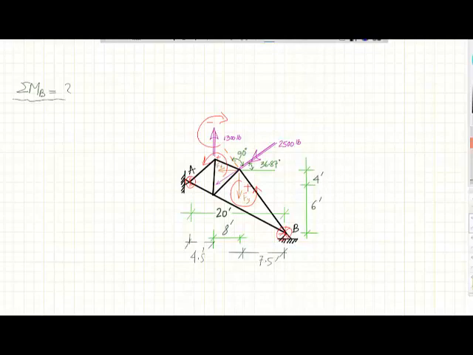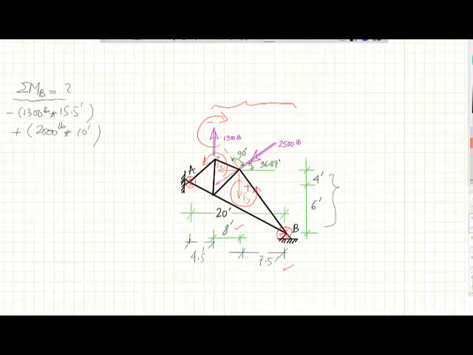We start with the first one, which is negative, so it is minus 1300 pounds multiplied by the distance between this force and point B, which is 8 plus 7.5, or 15.5 feet. And then the force Fx, which is again positive: Fx is equal to 2000 pounds, and the distance between Fx and point B is 10 feet.